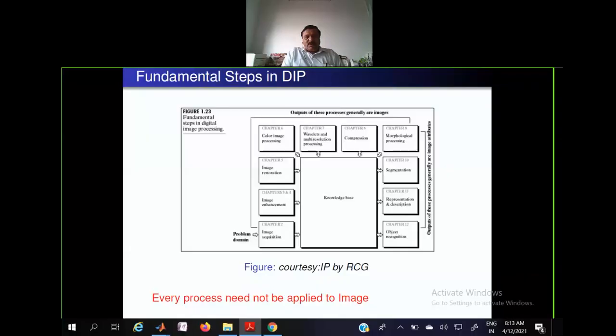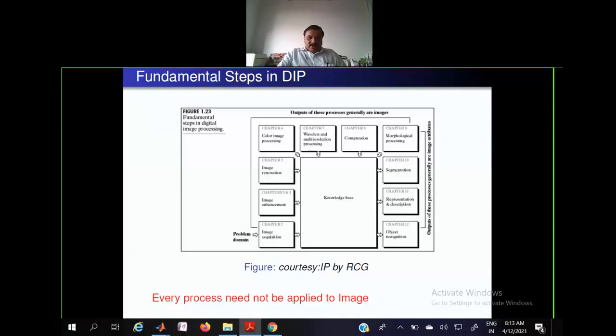Some of the blocks you can add later also, but these are the steps given in the new edition of the Gonzalez textbook. Let us first understand each and every step, and then I will also give you a typical example.